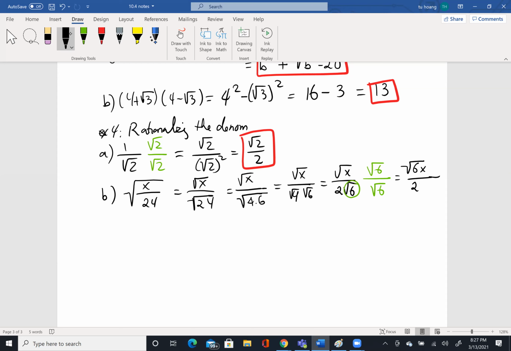Let me rewrite this: square root 6 squared. Okay, and then in this case you can have the answer as square root of 6x divided by 2 times 6, and then it can be rewritten as square root of 6x divided by 12 as the answer. So this is the answer.